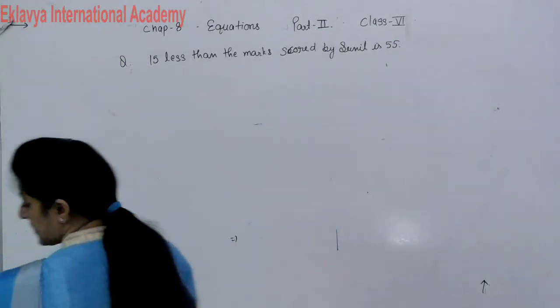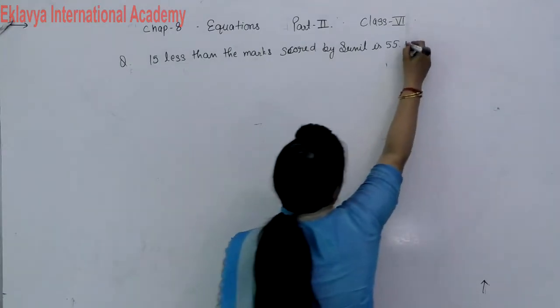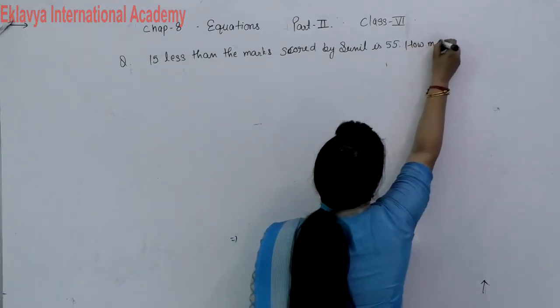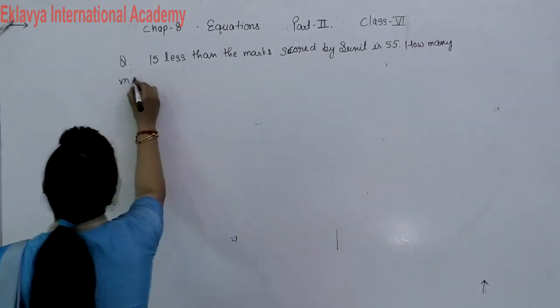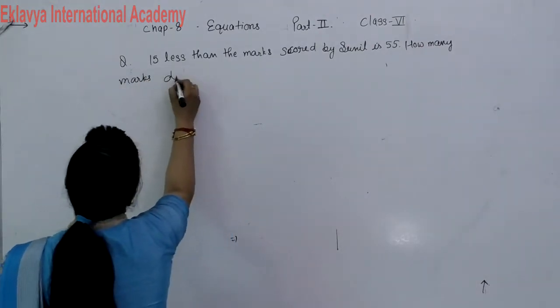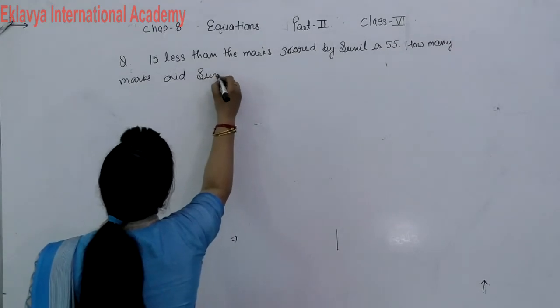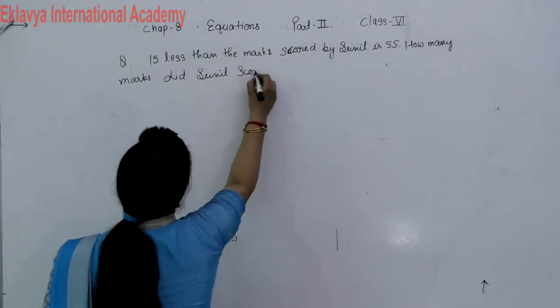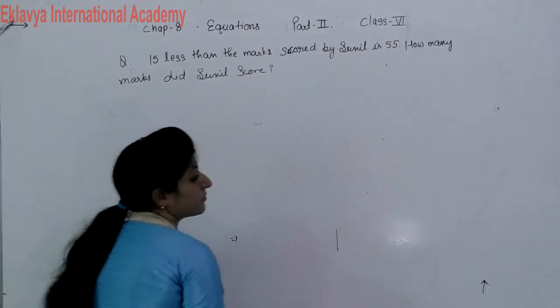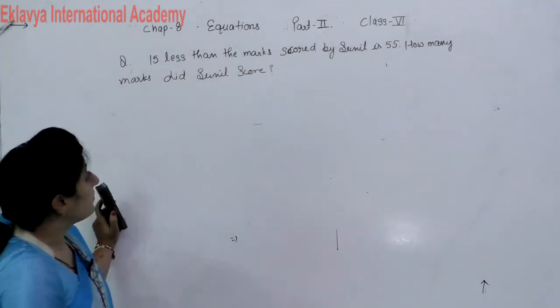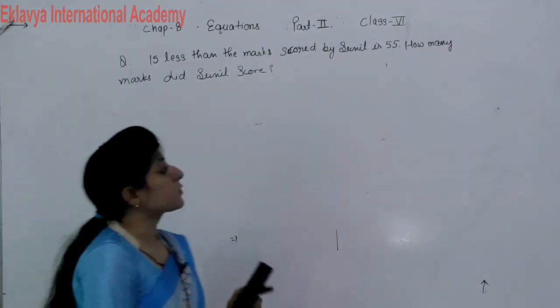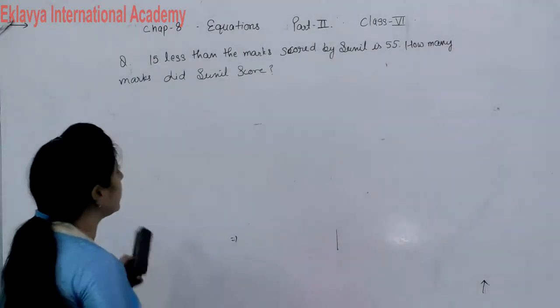How many marks did Sunil score? 15 less than the marks scored by Sunil is 55.